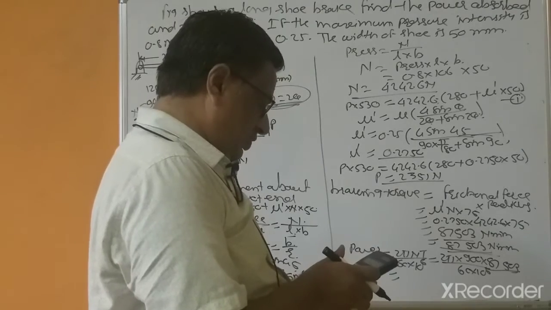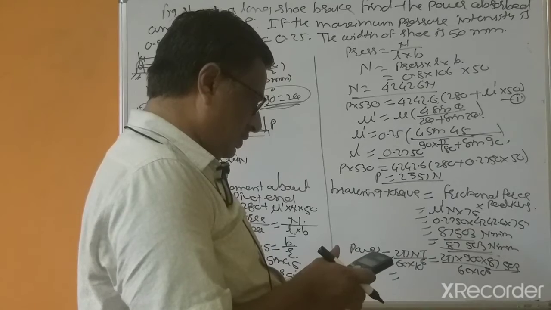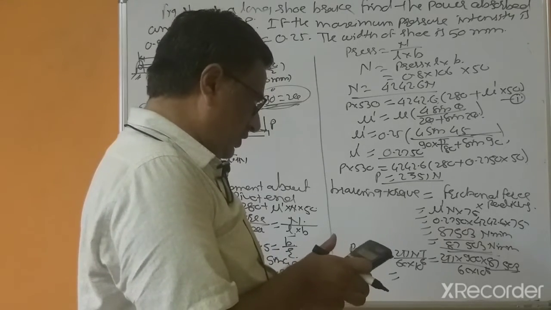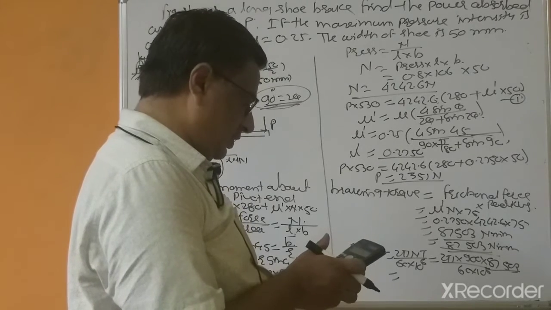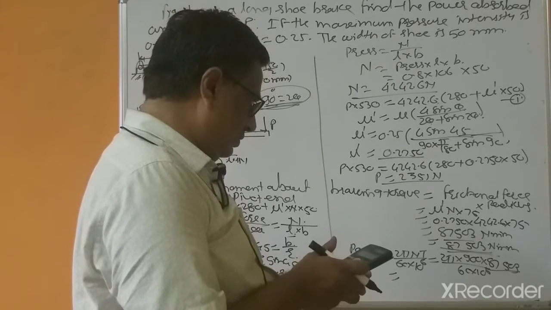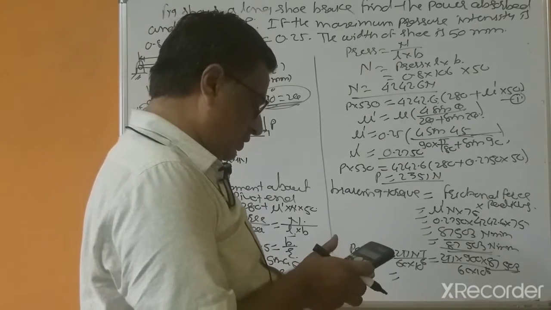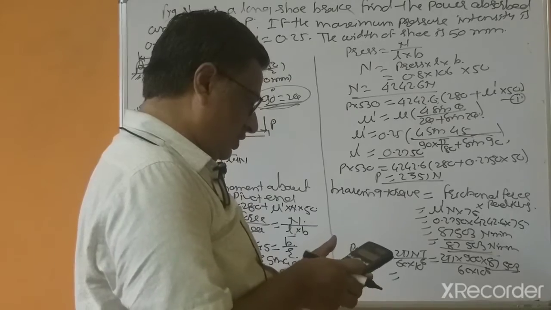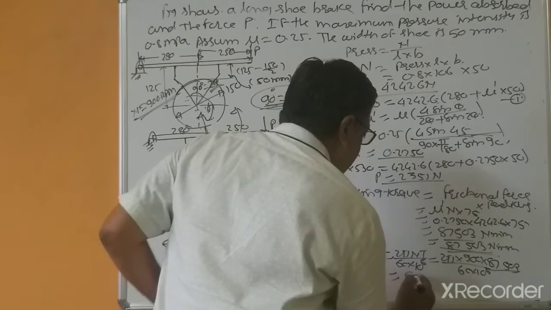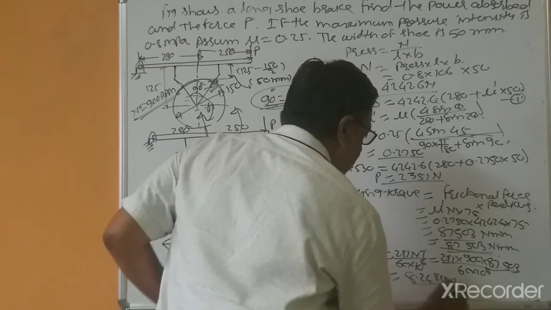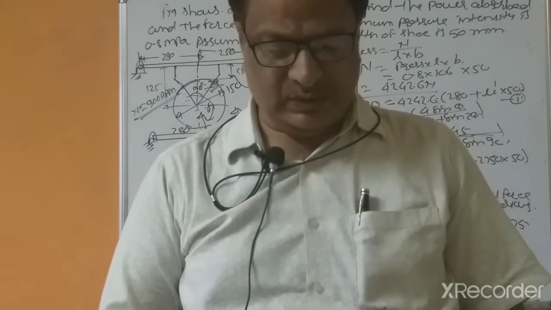So 87503 multiplied by 900 multiplied by 2 multiplied by pi divided by 60 divided by 10 to the power 6. So this is equal to 8.24 kilowatt power absorbed. So this is the expected answer.